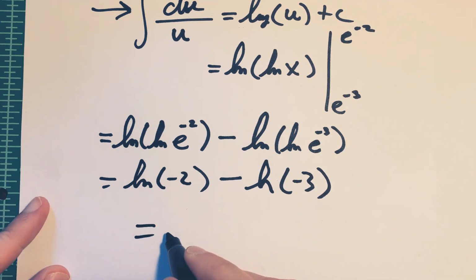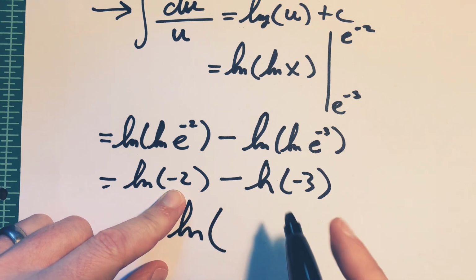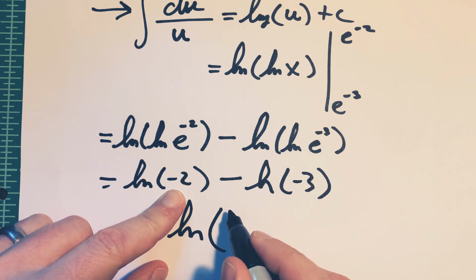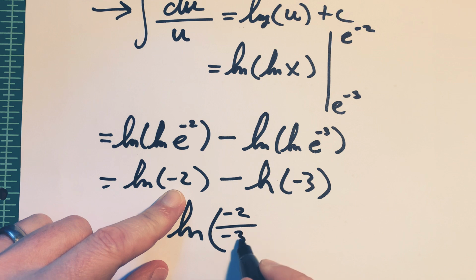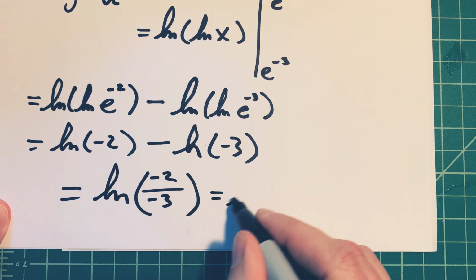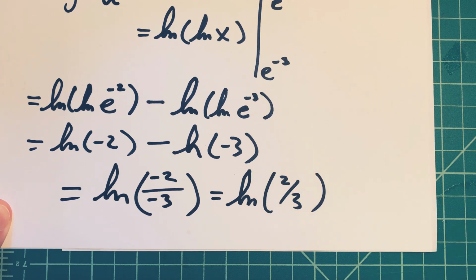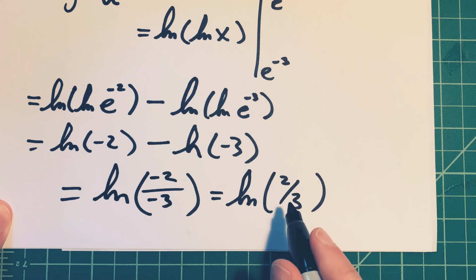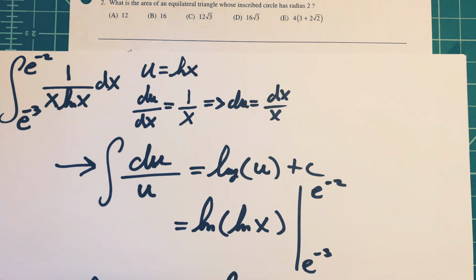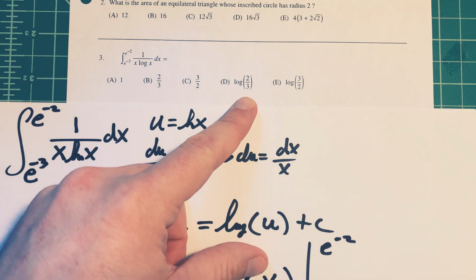So this is the natural log. Since we're subtracting, we're going to switch it into division. That would be negative 2 over negative 3. And so from there, you have the natural log of 2/3. Okay? So I think this is the answer. This is the best I could do without plugging in the calculator. At least me. So I think it's D.